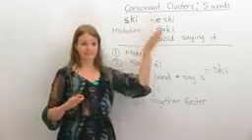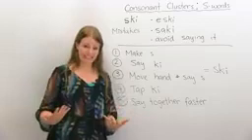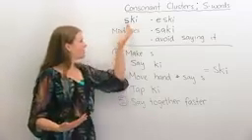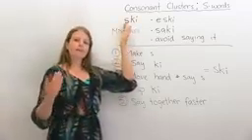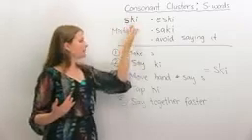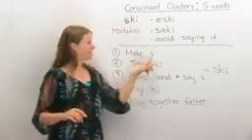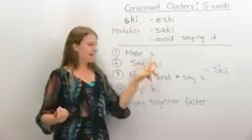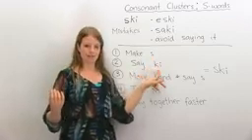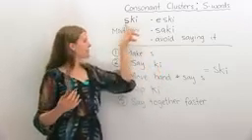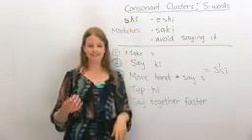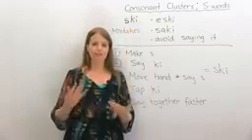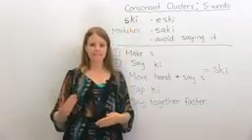So now we're going to actually practice how to pronounce these consonant clusters so you don't make any of these mistakes. So let's look again at the word ski. So for this word, ski, the first thing we can do is we can break it down into two parts. We have the S part and the ki part. So let's start with the first sound, which is a S sound, like a snake sound. So I want you to make the snake sound with me.